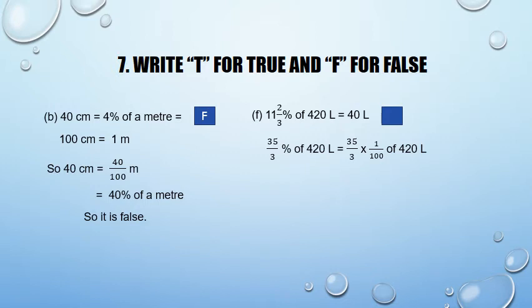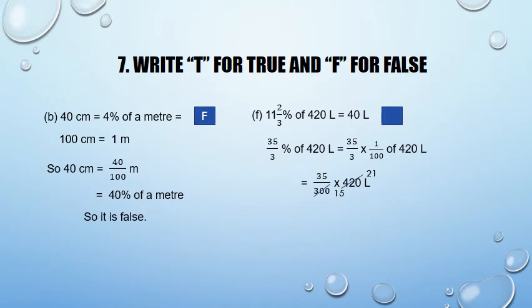So 35 upon 3 multiplied by 1 upon 100 of 420 liter, which is equal to 35 upon 300 multiplied by 420 liter. Now we will cancel the common 0 in 300 and 420, and then we will divide 30 and 42 by the common number 2. 42 divided by 2 is equal to 21, and 30 divided by 2 is equal to 15.